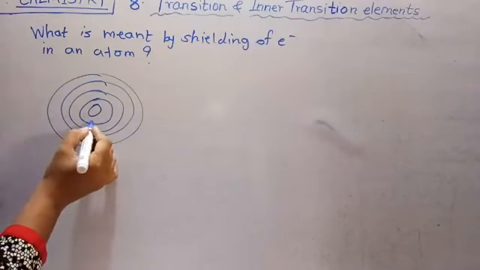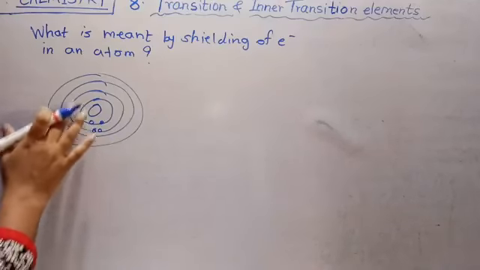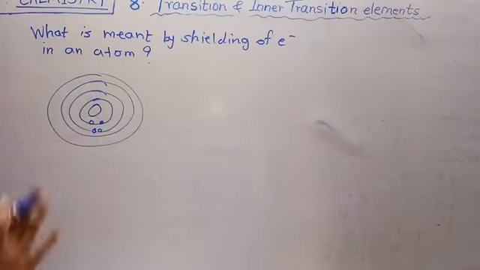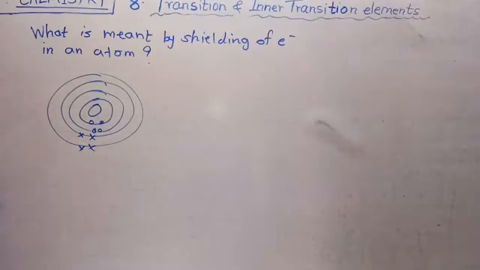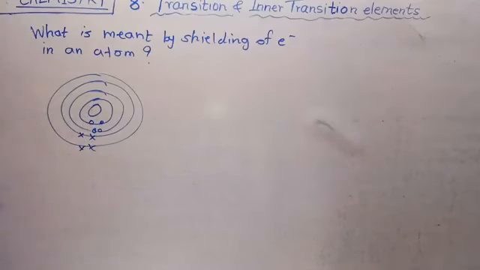The electrons nearest to the nucleus are in the inner shells, and they are called the inner electrons, and the electrons in the outer shells are called the outer electrons. These inner electrons act as a shield to protect the outer electrons from the nuclear attraction.